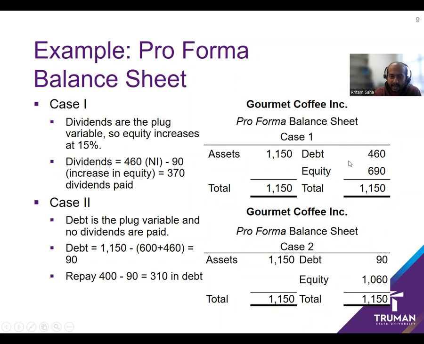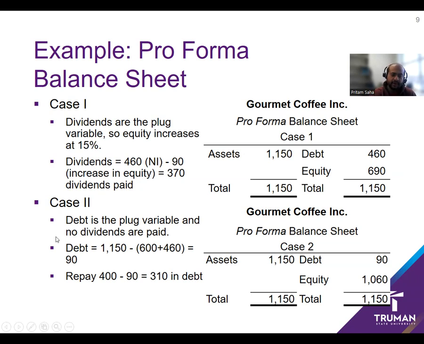From this 460, we are retaining 90 and the remaining 370 we are paying as dividend. So we decided dividend is the plug variable. We'll keep the debt and equity ratio as it was last year, and the addition to equity comes from retained earnings, with the rest paid as dividend. So this is case one.